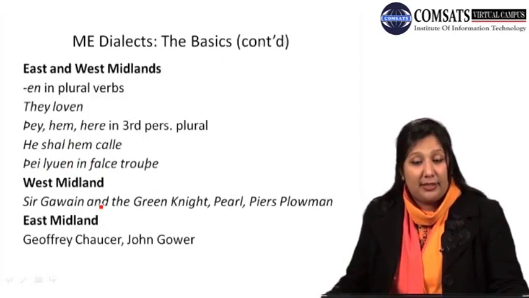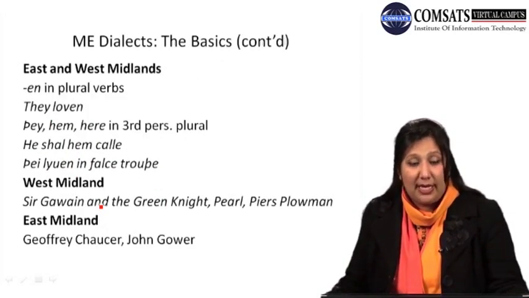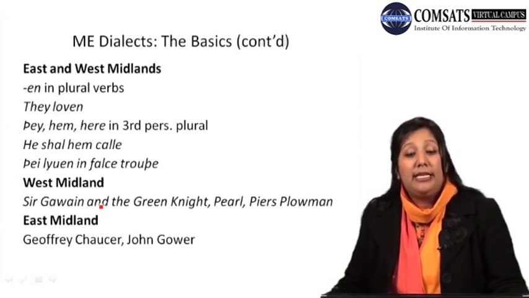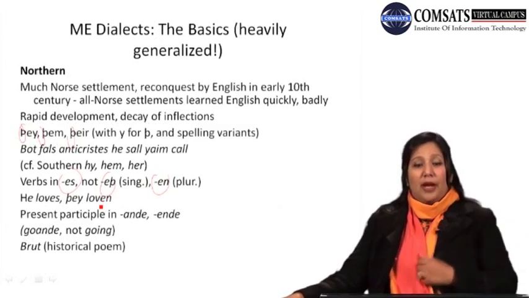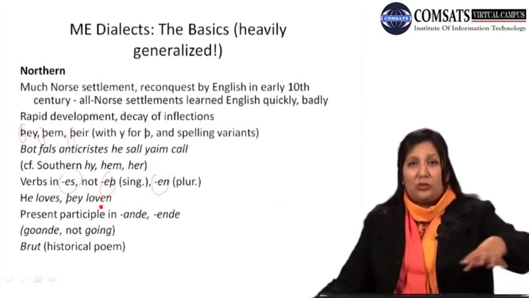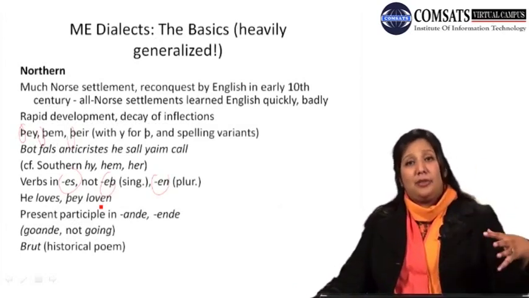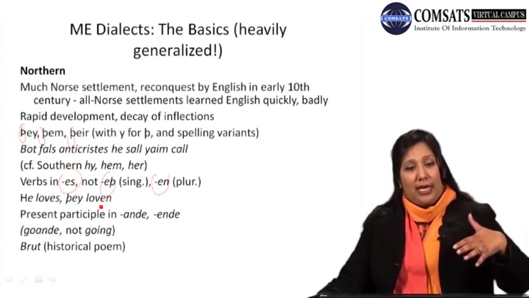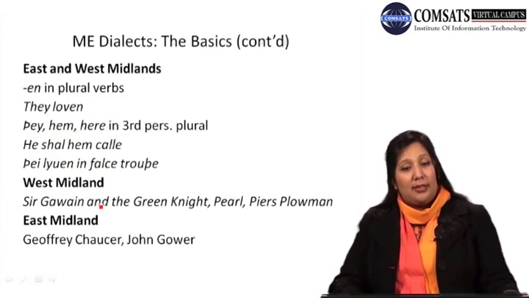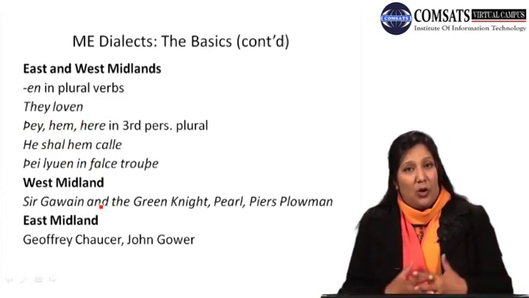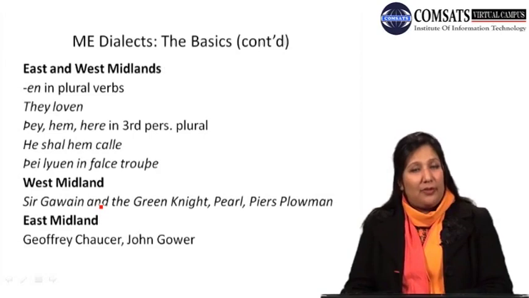Then Middle English dialects: we are talking about the basic dialects, and now look at the East and West Midlands. The Northern dialects show that most of them are perhaps not understandable at this point in time. Let's look at how the East and West Midland dialects were, and whether we can understand a few of the words or not.